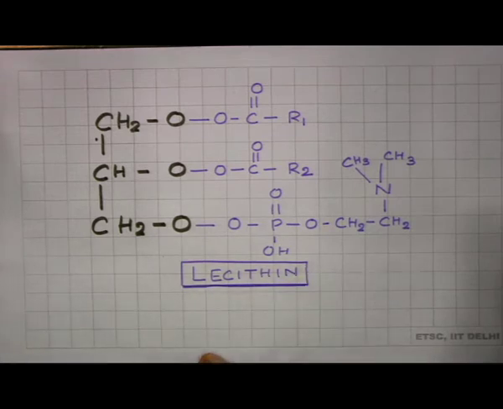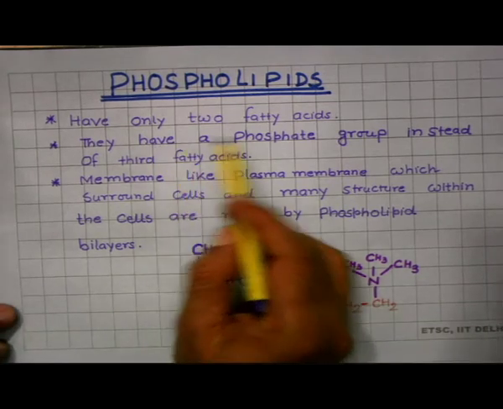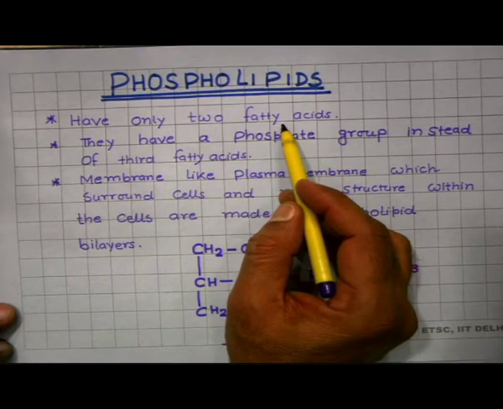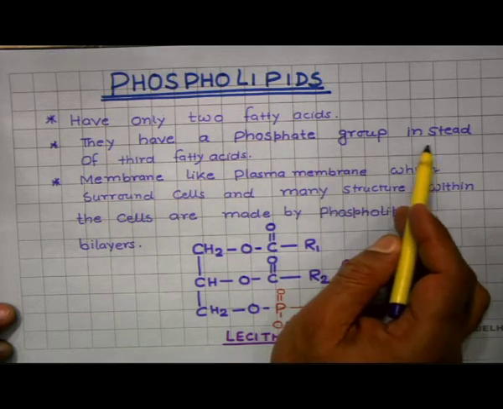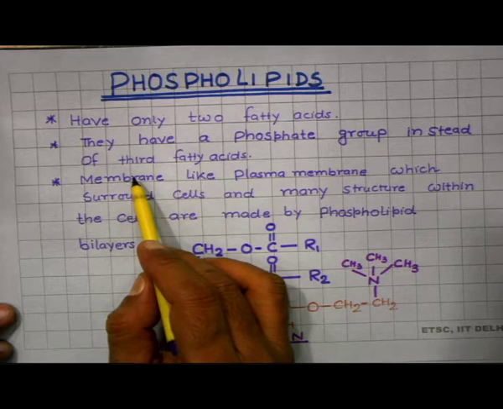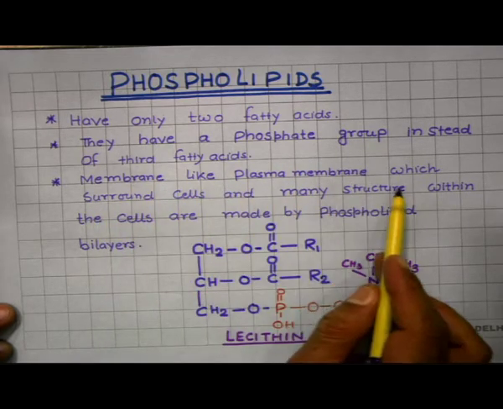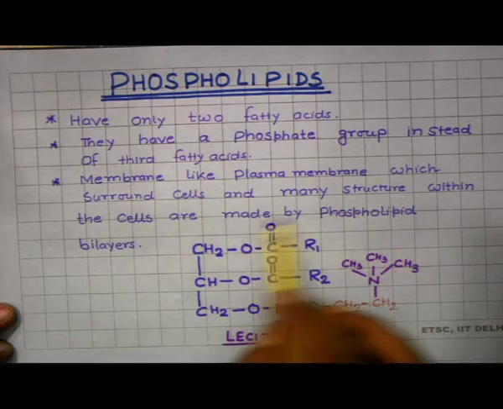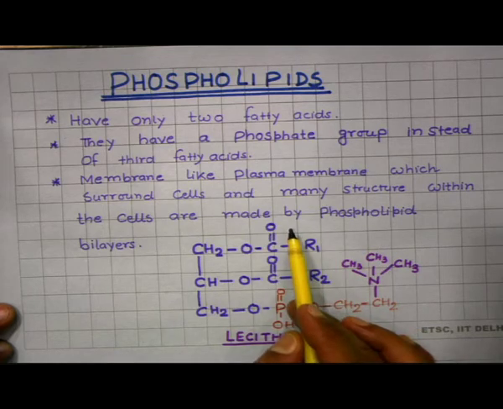So, we can define phospholipids as having only two fatty acids, which are present at carbon 1 and carbon 2. They have a phosphate group instead of the third fatty acid. We have seen membranes like the plasma membrane which surrounds the cell, and many structures within the cell are made by the phospholipid bilayer.